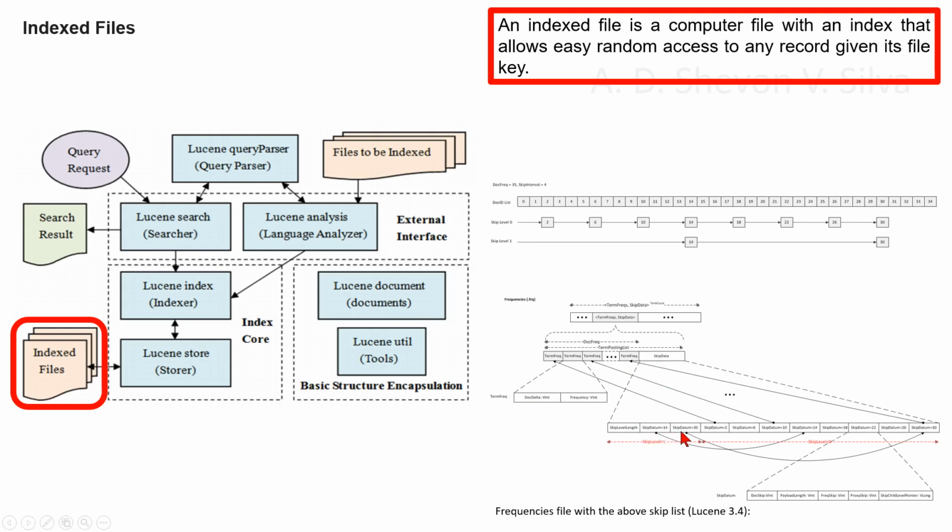Here the skip datum equal 30, skip datum 2, skip datum 6, skip datum 10, skip datum 14, skip datum 18, skip datum 22, skip datum 26, skip datum 30.